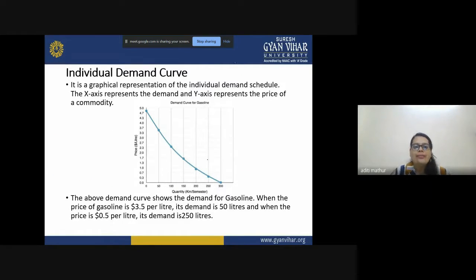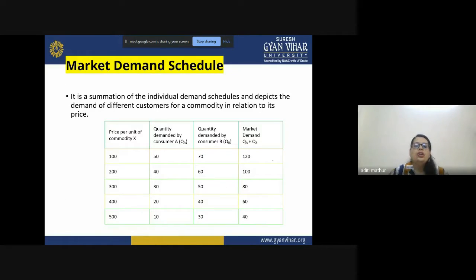In this I have taken an example of gasoline and its prices. So this is how the demand curve for a particular customer is drawn, showing what he demands at the different levels of prices, right?